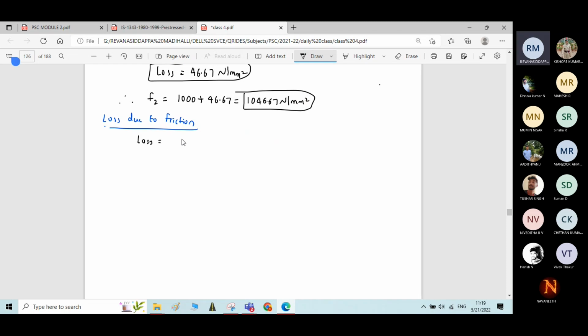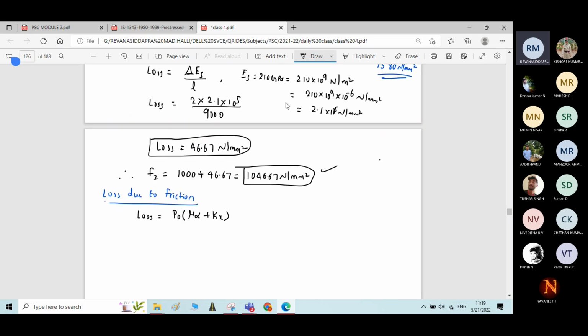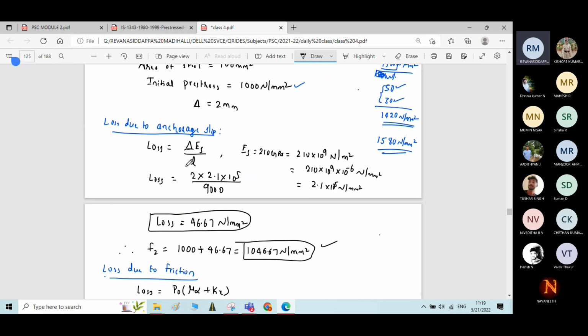Loss due to friction is P naught into mu alpha plus kx, correct? To calculate the loss due to friction, the initial stress will be 1046.67. So the initial pre-stress is 1046.67. If you apply 1046.67 Newton per mm square, then loss due to anchorage slip will get overcome.